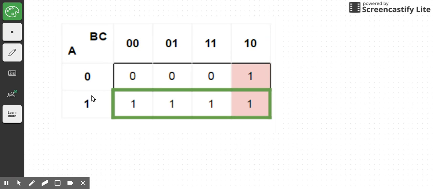And it's only going to be the A in this case, because I can see here B changes from 0 to 1, and here C changes from 0 to 1. So both B and C change for cells in this group. They're not consistent. So my green group here is simply going to be A.